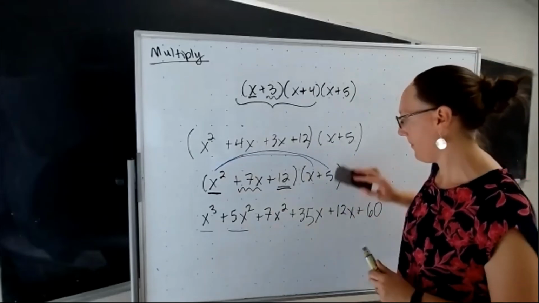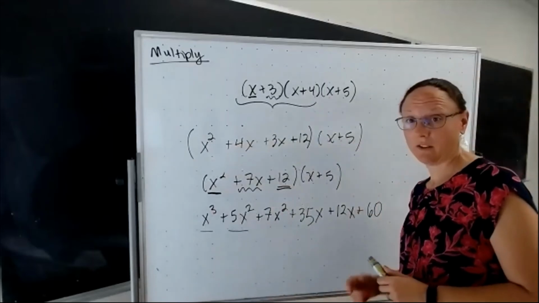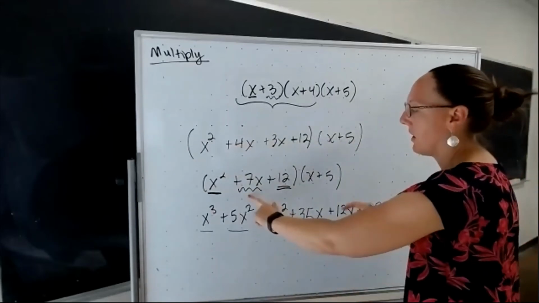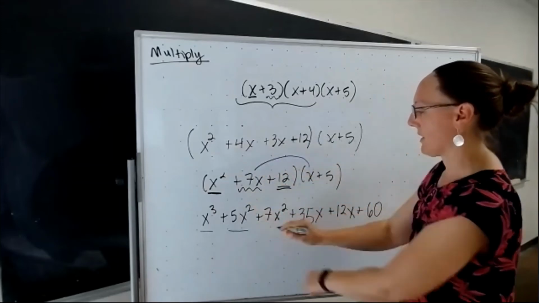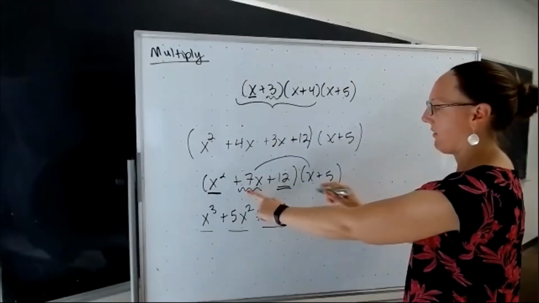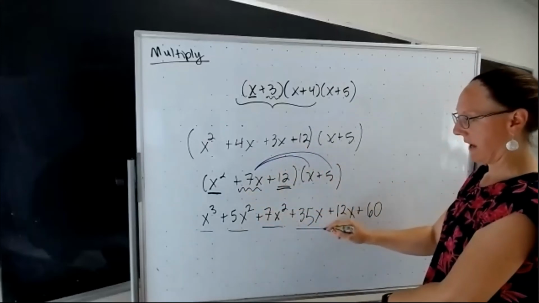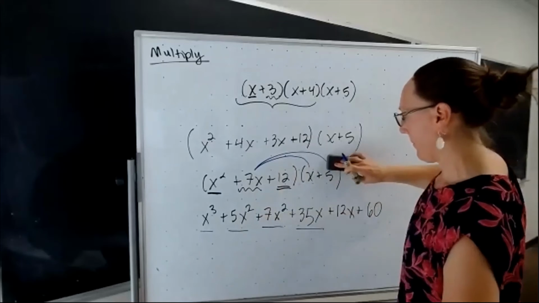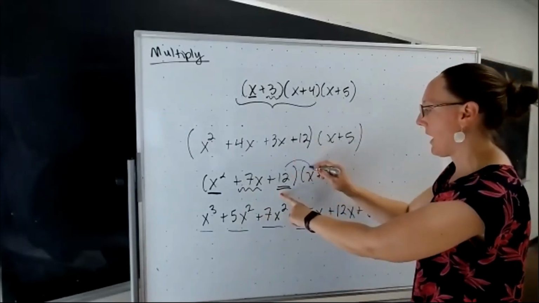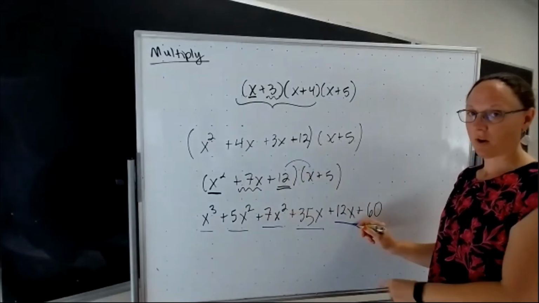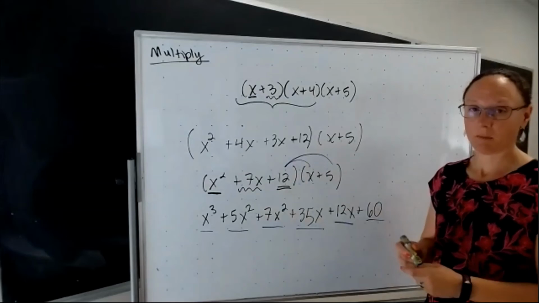Then, because I can easily erase them, I will, to keep it a little cleaner. 7x times x, that's 7x squared. 7x times 5, that's 35x. And 12 times x, that's my 12x. 12 times 5, that's my 60.